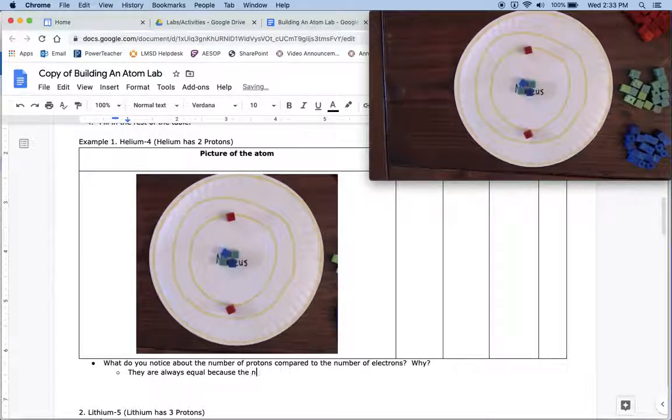Because the atom has to be neutral. Positive and negative particles need to be equal. There you go. That's all you have to do for each one of these.